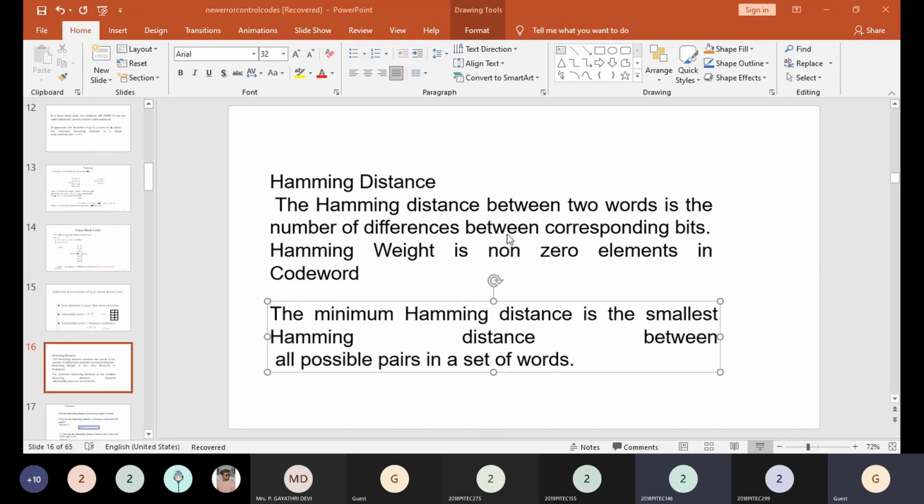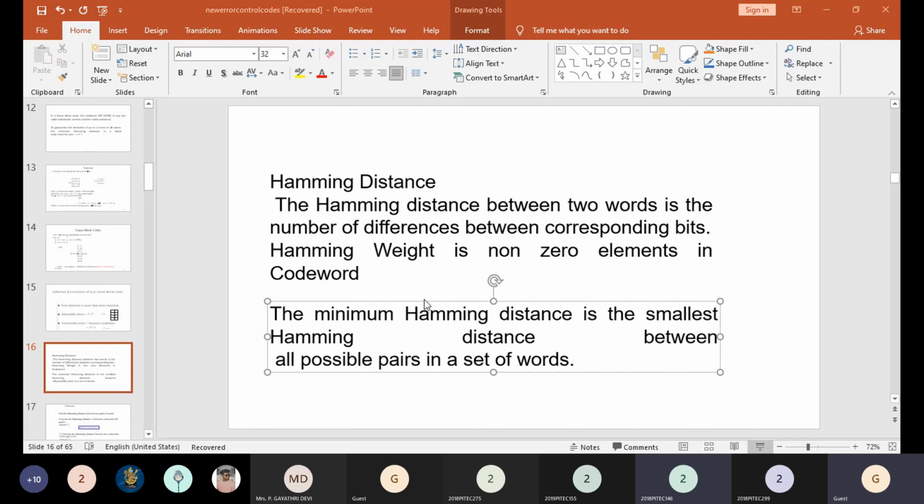The c suffix p is the remainder which is obtained by dividing the product of the message signal m of x, that is the message polynomial, into x power n minus k, by the generator g of x.